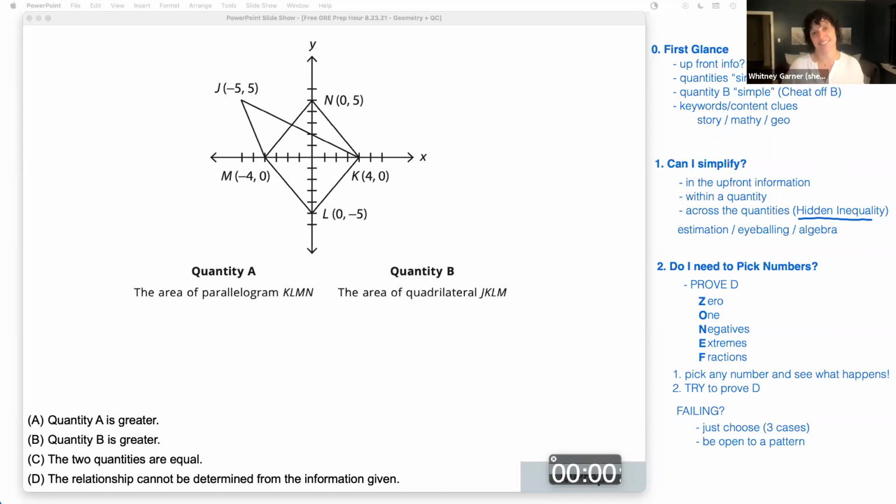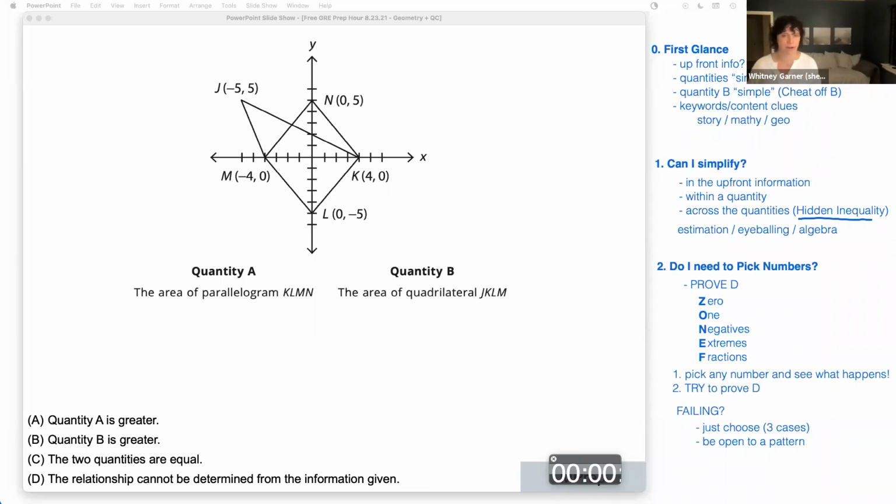That doesn't exist. There are formulas for specific quadrilaterals like parallelograms, trapezoids, rectangles, and squares, right? But there are no formulas for just, good luck, area of a quadrilateral. And so there isn't one, which means I'm not supposed to be calculating that.